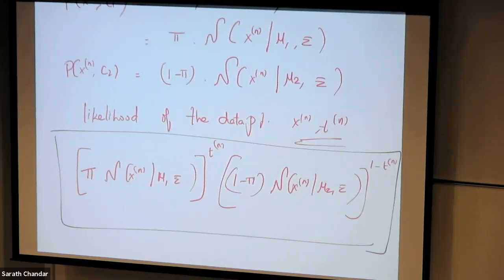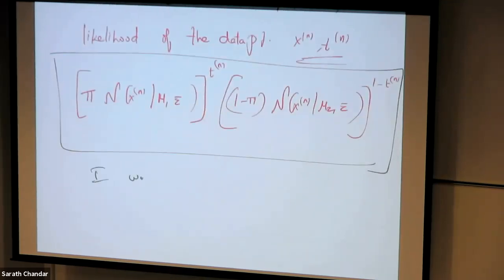First of all, this is the likelihood of one data point, right? Now, one way to set up an objective function for finding the parameters is to say, I want to find the parameters theta. In this case, theta is the mean, covariance, p of c1, p of c2.